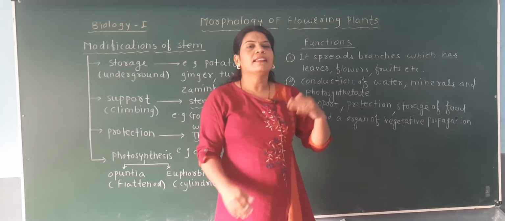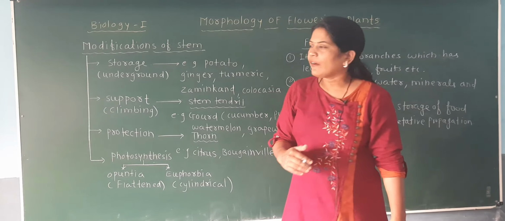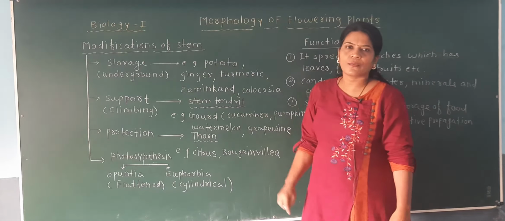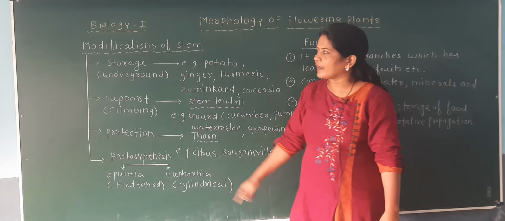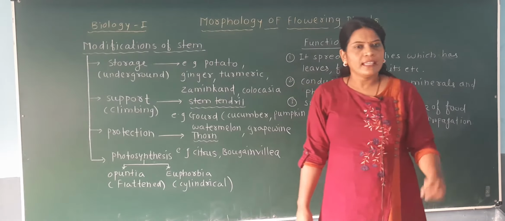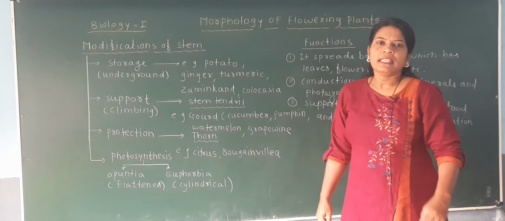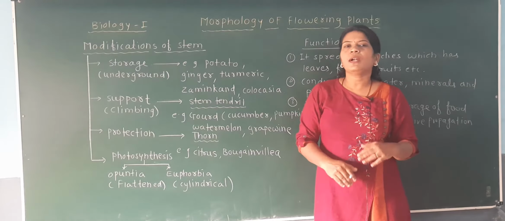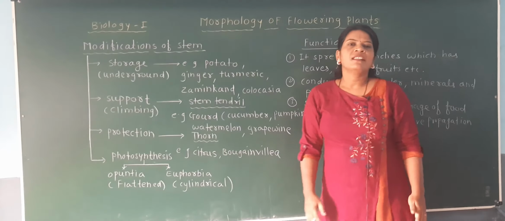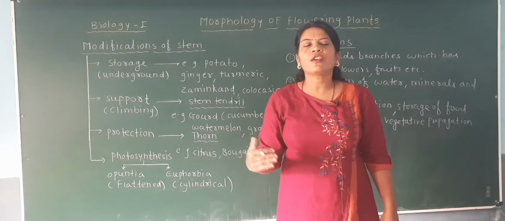We have also seen the examples of it, and here also I have drawn one chart on the board, and the title is modification of stem. Here you can observe that there are mainly 4 types of modification, and in this also you have to remember different examples. Even though the theory part is very easy, by a trick you have to remember the examples. So we will discuss the theoretical part first, and in our next lecture we will discuss the trick for these examples.